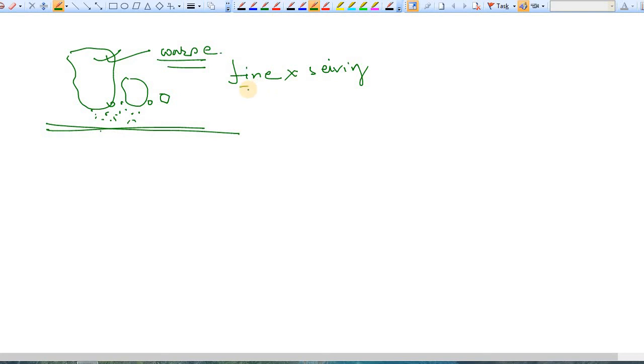Why? What are the fine particles? The particles which are less than 0.075 mm in size. These are not able to pass through a sieve of such small size.